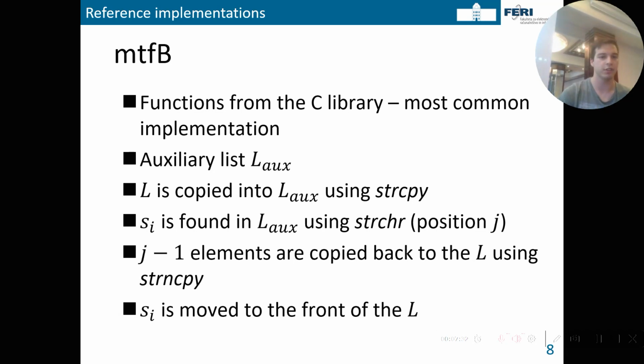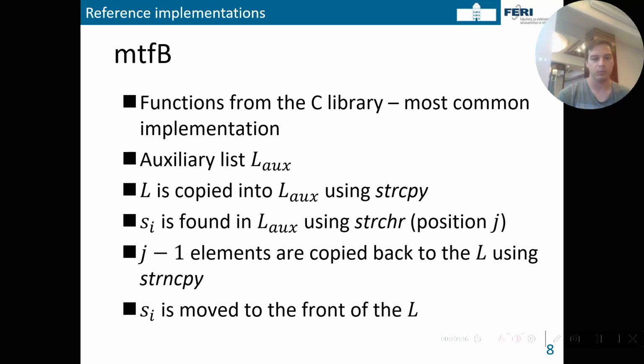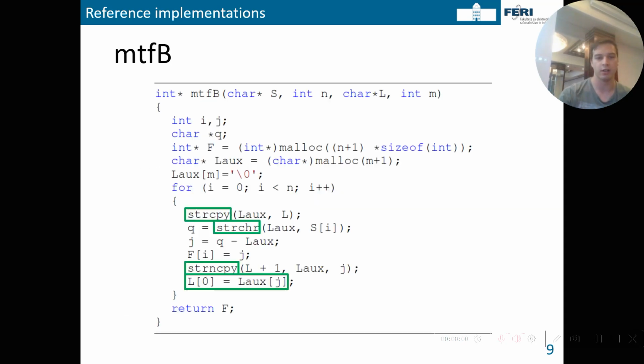After that, S_i is found in L auxiliary using function strchr. So its position J is found like it's visible in the code. And after that, J-1 elements are copied back to the list L using function strncpy. And finally, symbol S_i is moved to the front of the L, again using simple assignment. So the code is shown here.